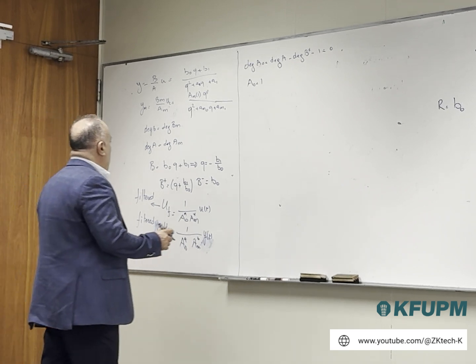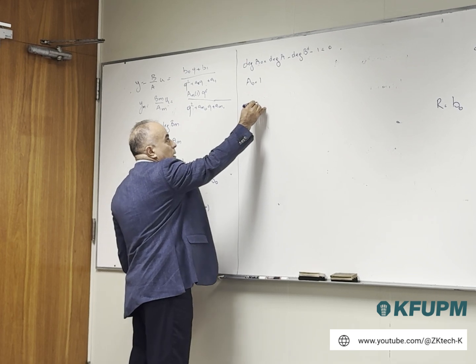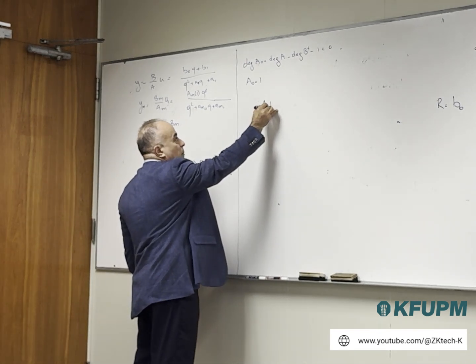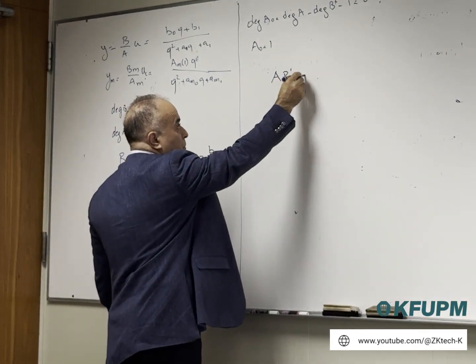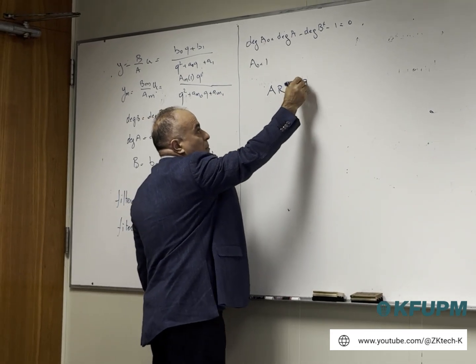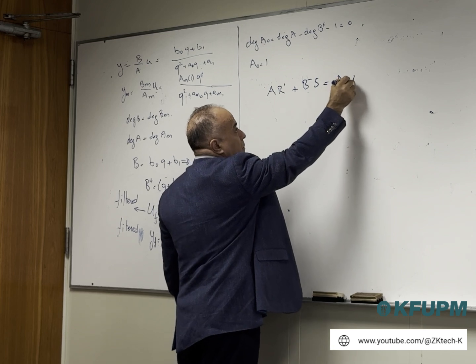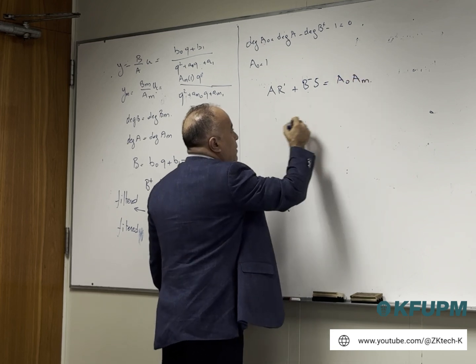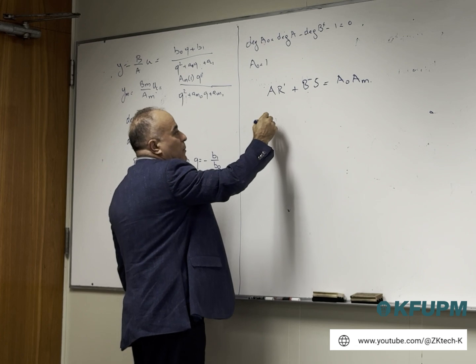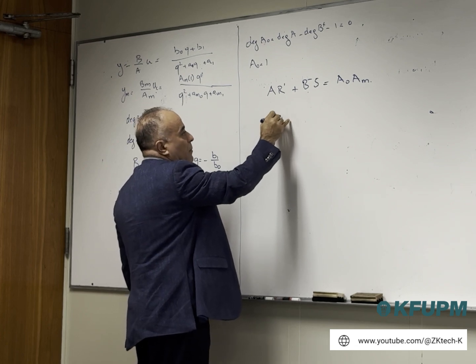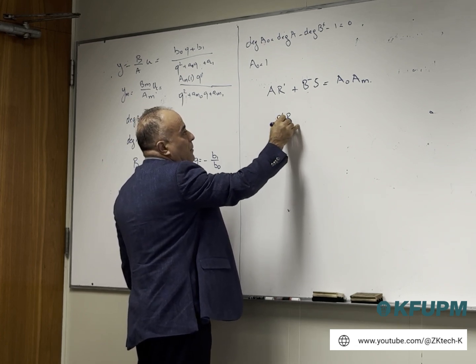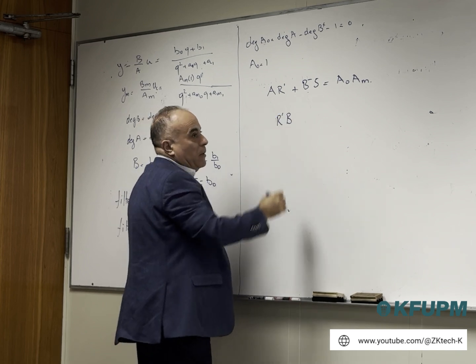All right, so we have the Diophantine equation. We have A times L prime plus B minus multiplied by S is equal to A0 AM. So if I multiply by y of t from both sides, I will have L prime multiplied by B minus. This is our equation here.